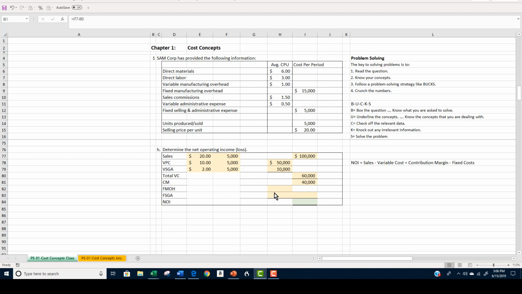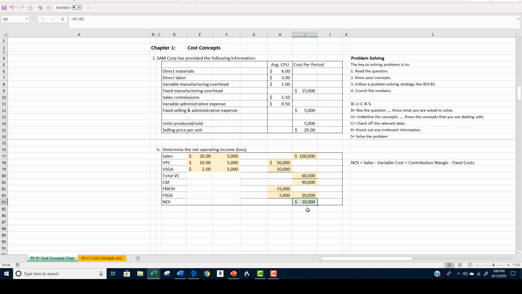Total fixed costs are $20,000, representing $15,000 of fixed manufacturing overhead and $5,000 of fixed SG&A. Subtracting the total fixed cost from the contribution margin gives us a net operating income, or NOI, of $20,000.